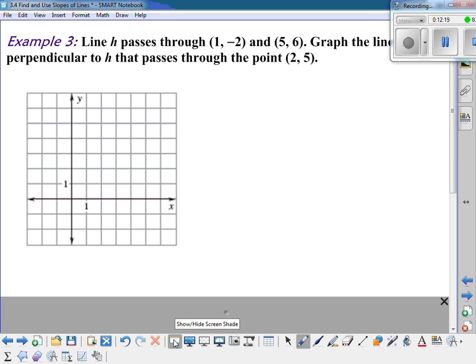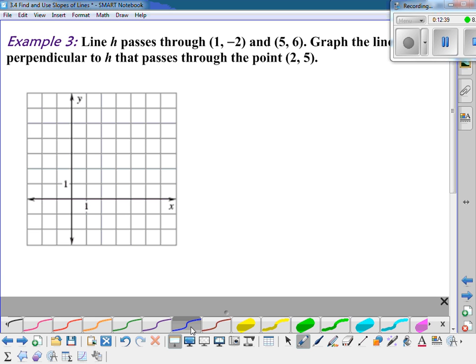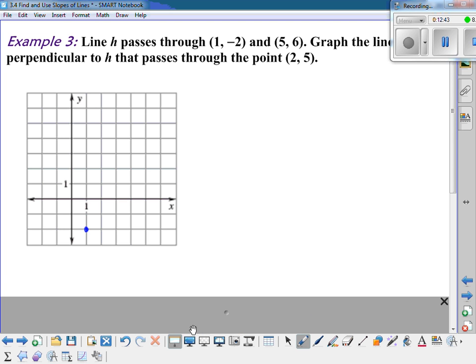All right, so for example 3, I've got line H that passes through the points (1, -2) and (5, 6). I'm going to graph the line that's perpendicular to H and goes through the point (2, 5). So first of all, I have to graph the line that they gave me. So line H is going through (1, -2) and (5, 6).